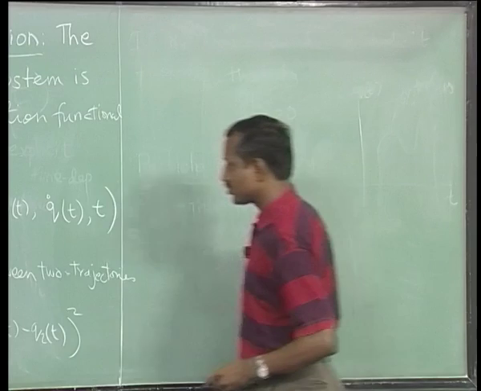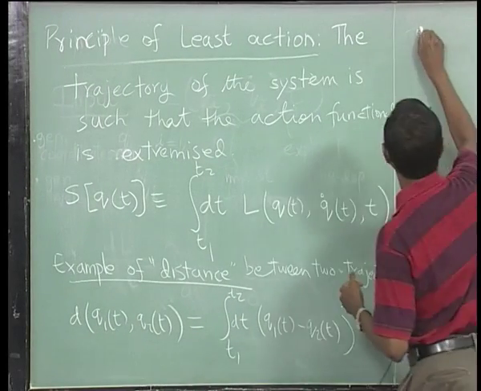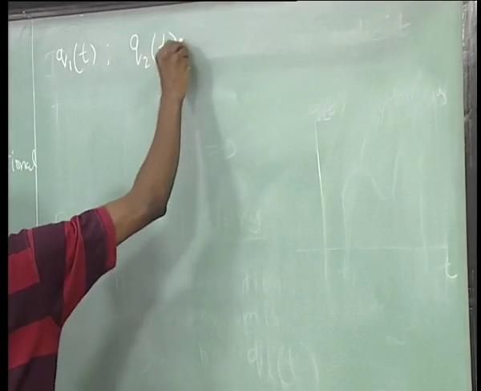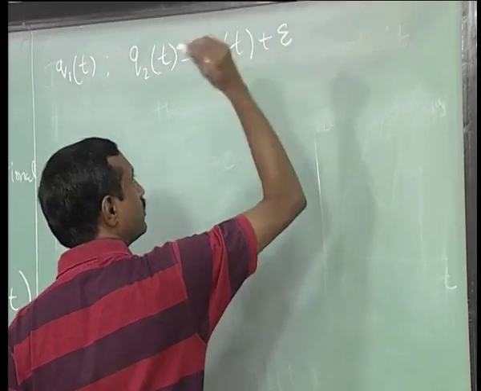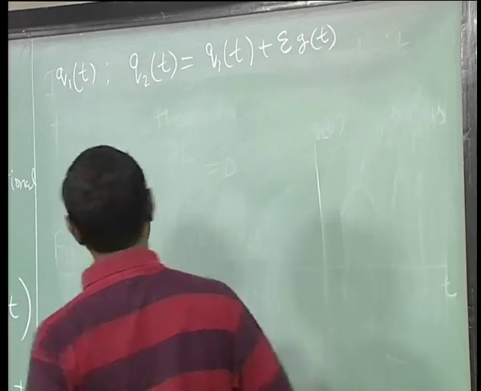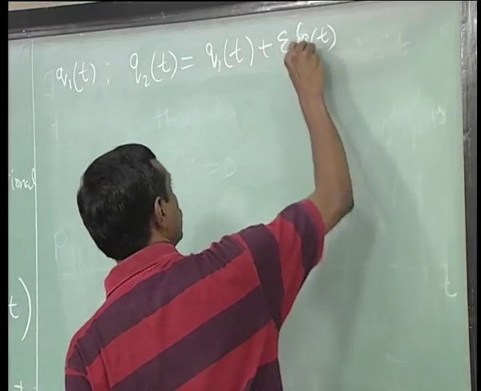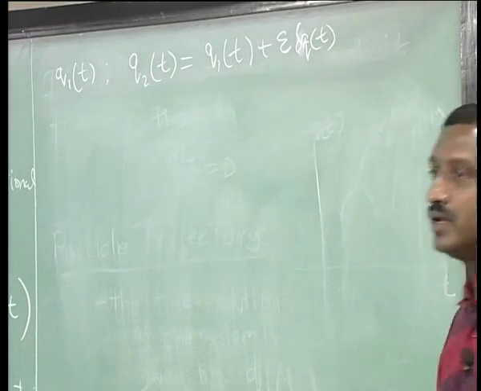So what we are going to do is take two trajectories, one we will call q1 of t and a second one which I will call q2 of t, which I will write as q1 of t plus epsilon times some other function of t. Let us just call it g of t, or even better I just call this delta q. The important thing here is epsilon is my bookkeeping parameter and I need to expand things to first order in epsilon.